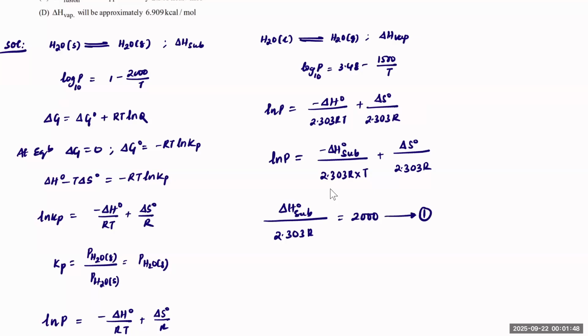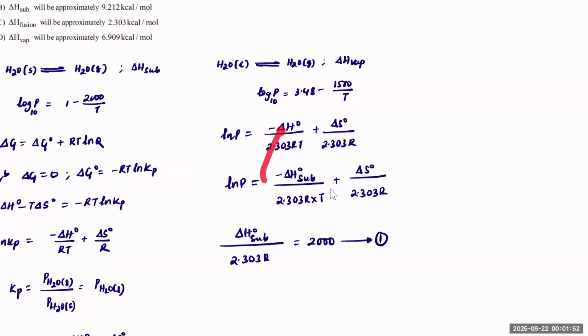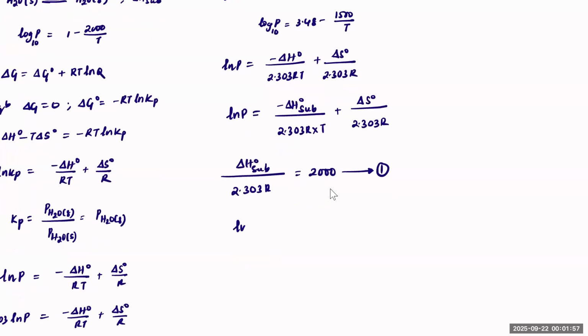So let me put this as equation 1. Then in the second case, when you are comparing this one, this is liquid to gas. That means it is about vaporization.